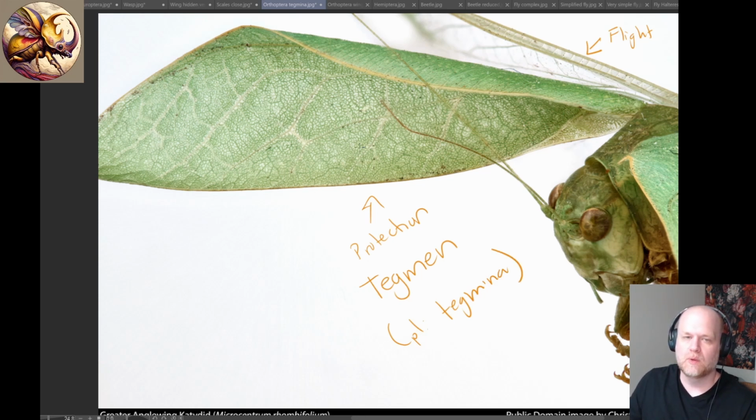In the orthopteroids, so the grasshoppers and the katydids and the crickets and the things that are related to them, like the praying mantises, the cockroaches and things like that, their forewing always has these tegmen evolutions. So the tegmen is thick and leathery, and it helps protect their more fragile membranous wings from the environment.